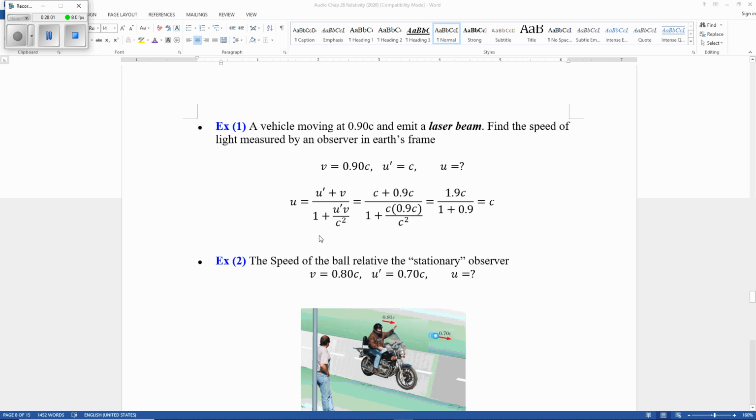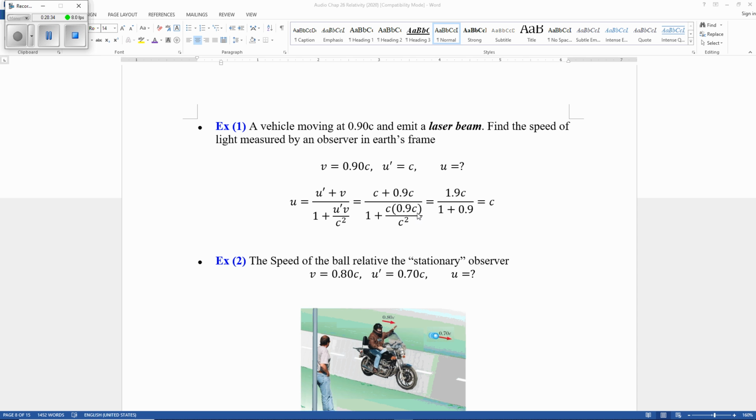Okay, to plug in, use that equation. So now u prime equals c, and v, the speed of the vehicle, equals 0.9c. We just plug in. You see that c plus 0.9c is 1.9c. On the bottom, c squared and c cancel, right?